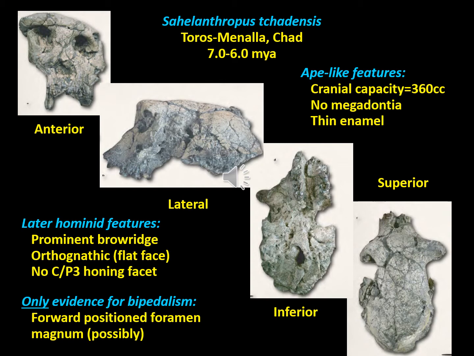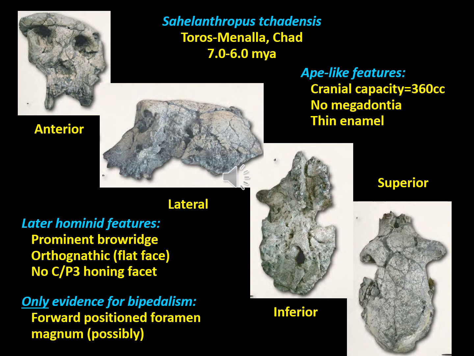But you can see that this creature, that's represented as a cranium, has a very small cranial capacity, about 360 cc's. It doesn't have these megadontia, very large teeth in the molars, which we'll talk about more. And they do have thin enamel like apes. So I just talked about some of the ape-like features.